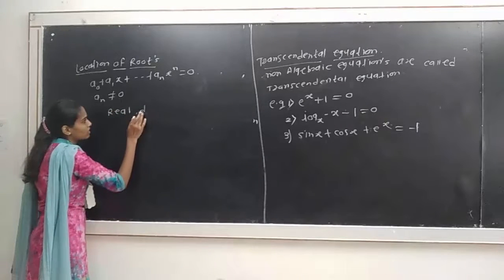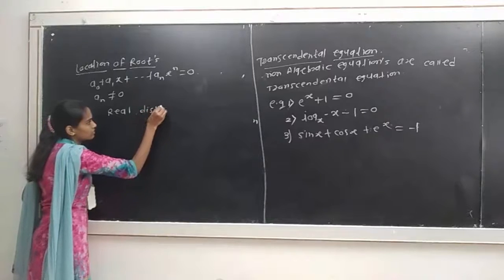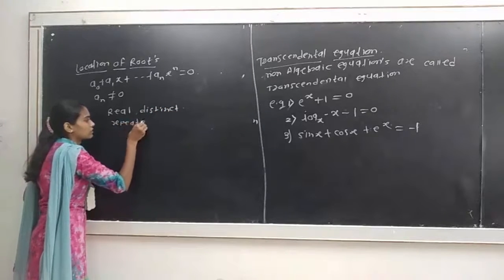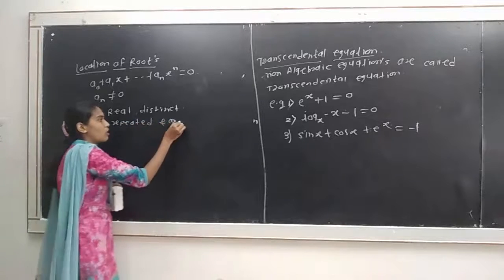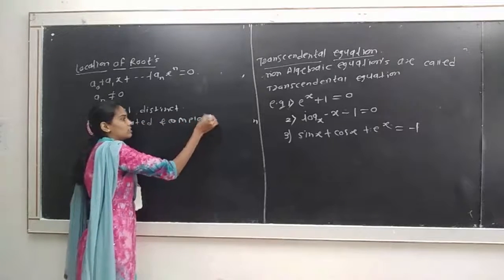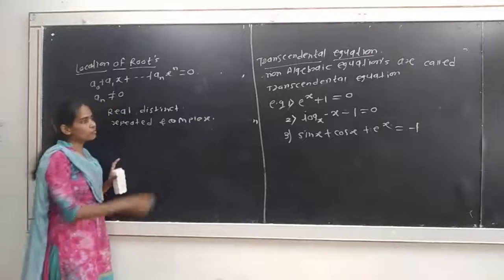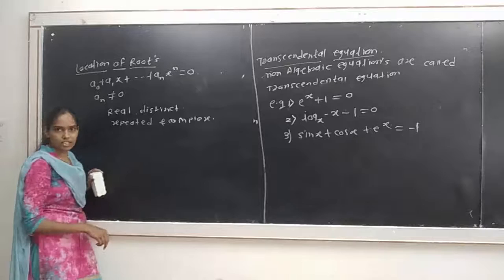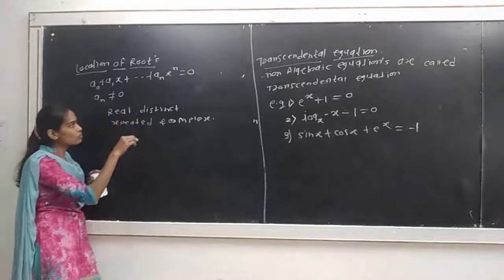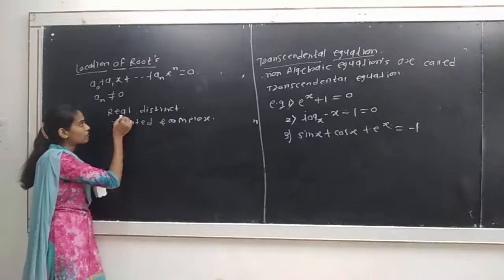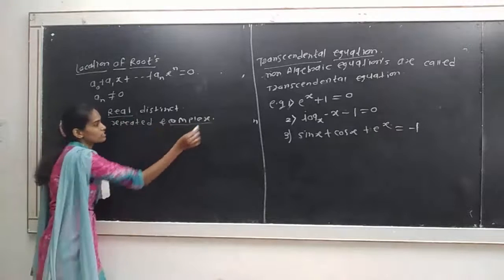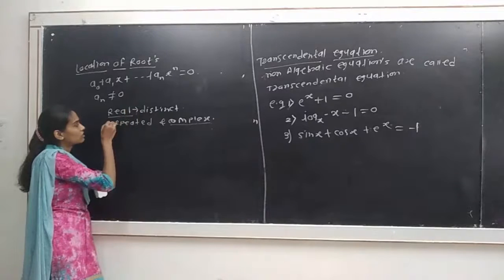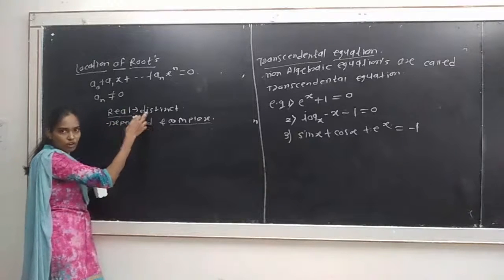Then we know that the roots of the equation are either real, distinct, repeated, or complex. If we consider any polynomial equation, or algebraic or transcendental equation, then the roots of this equation are in the form of real or complex numbers. The real roots are either distinct or repeated.